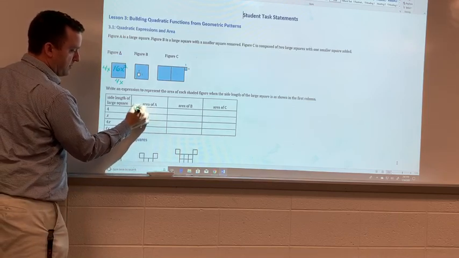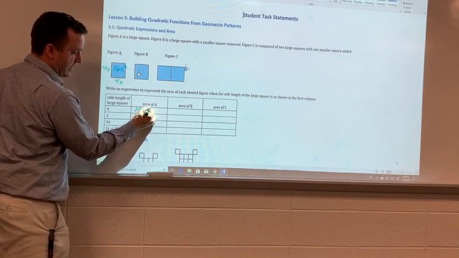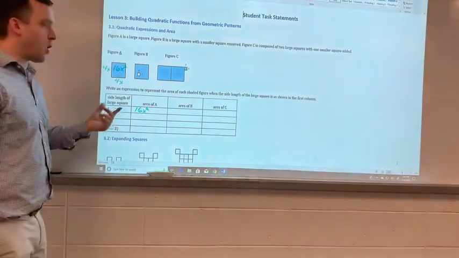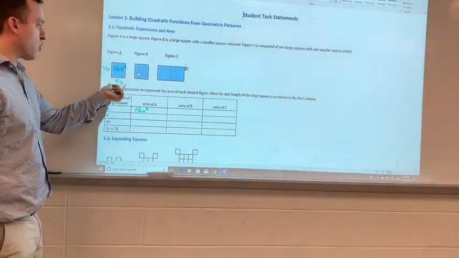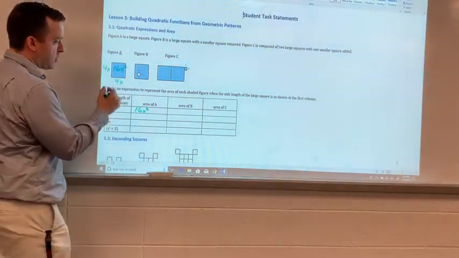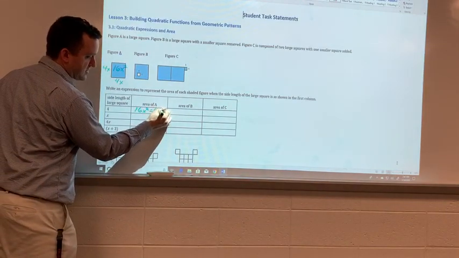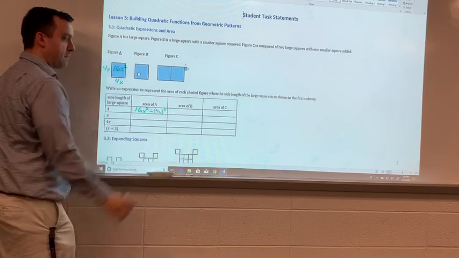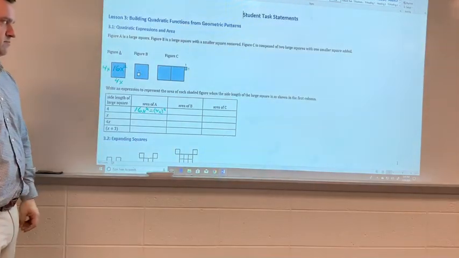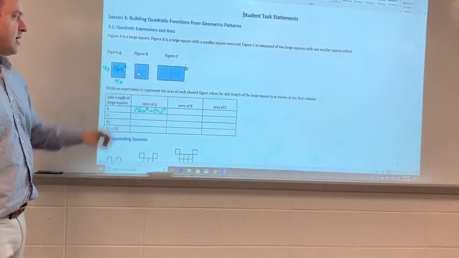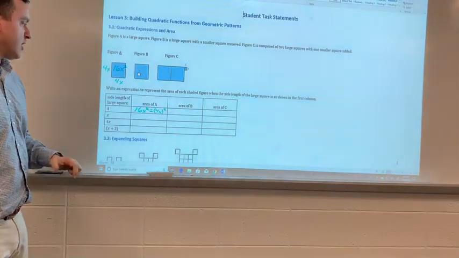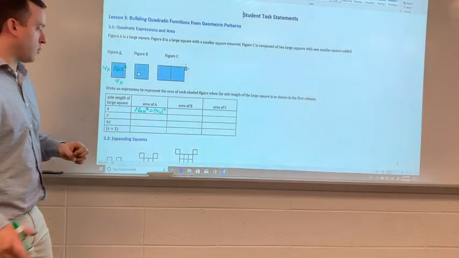So the area would be 16x squared. And then if I wanted to write that as 4x times 4x, but with an exponent, we could write that as 4x in parentheses squared. And then here for the area of part B, we could write this in a couple different ways.